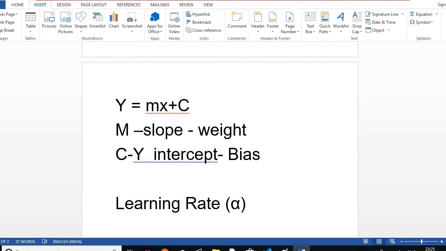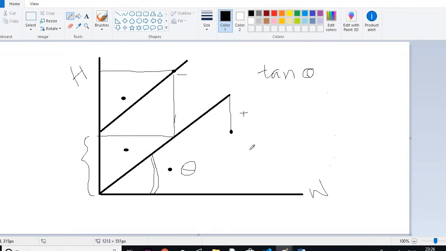For the time being, you need to understand that m is the weight and c, the y-intercept, is the bias, and y-intercept means this distance. For this first line, our first machine learning model, the y-intercept is 0. To understand the y-intercept, I have drawn one more line; for that, this distance we call the y-intercept.